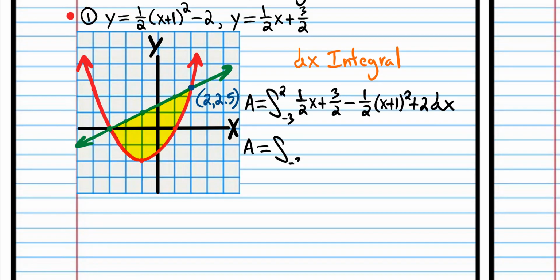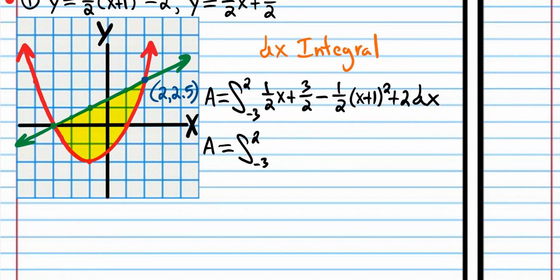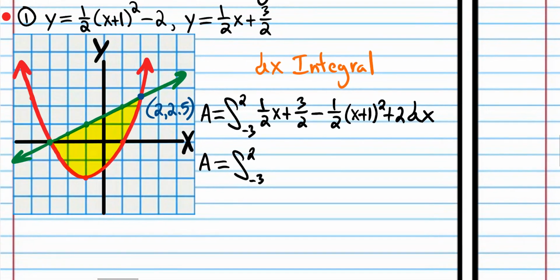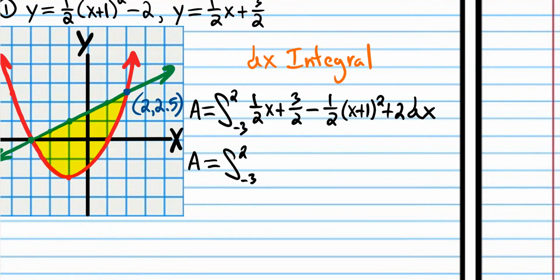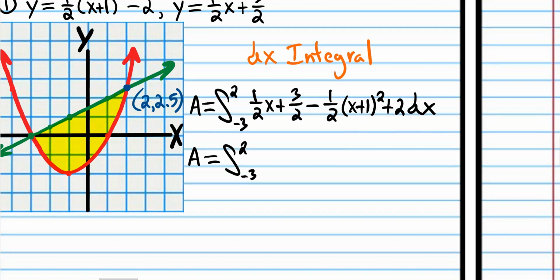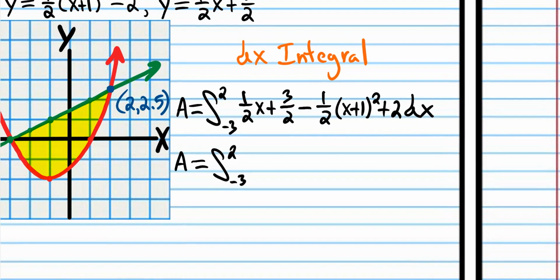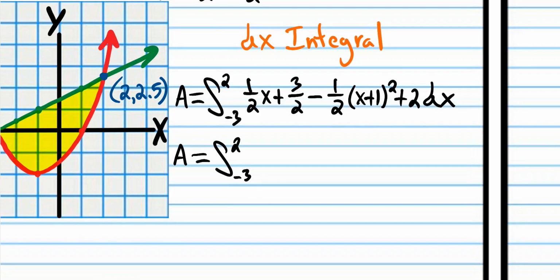Okay, so let's now simplify. And there's a couple different ways you could do this. One way is you could actually just go ahead and expand that. The other way you can do it is you can just do a u substitution on this. It's a pretty easy u substitution.